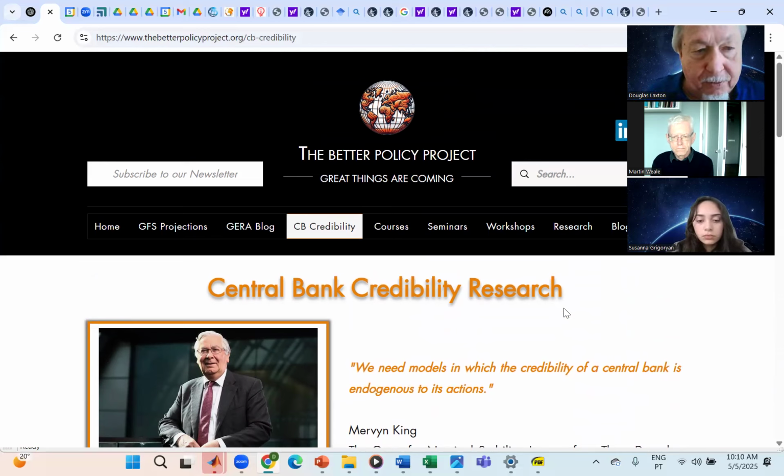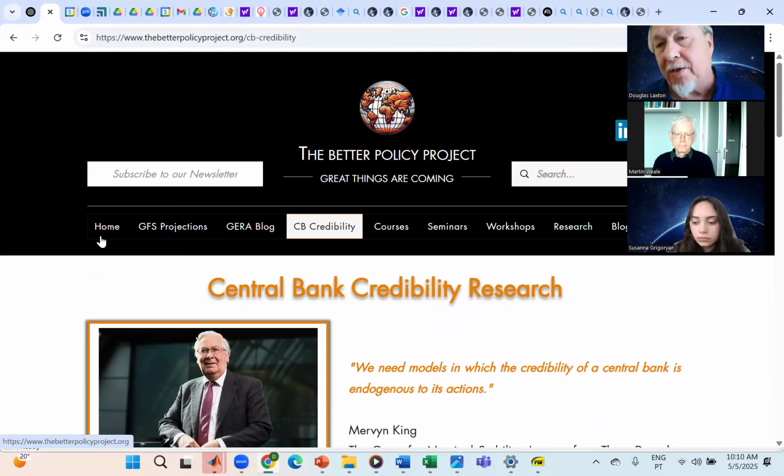You might want to check that out because one of the courses is going to be on these models with endogenous monetary policy credibility. And the nice thing about that is that now it's fully available in Dynare Julia. So it's completely open source.